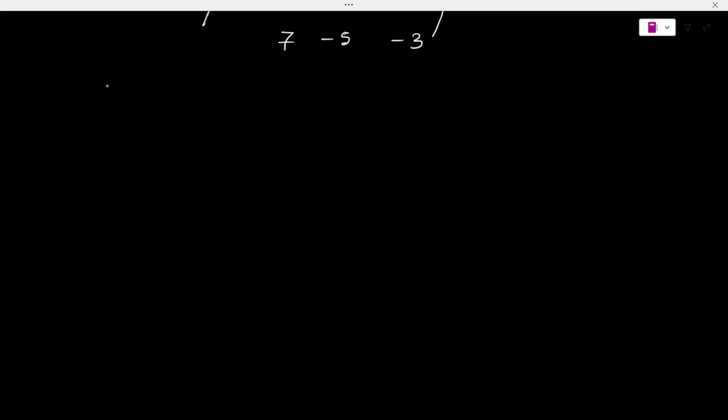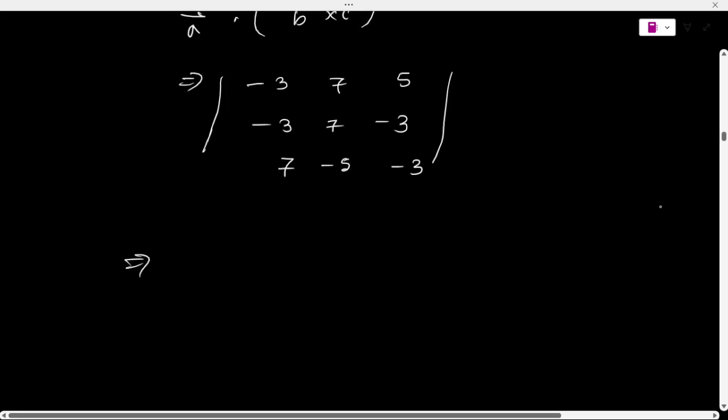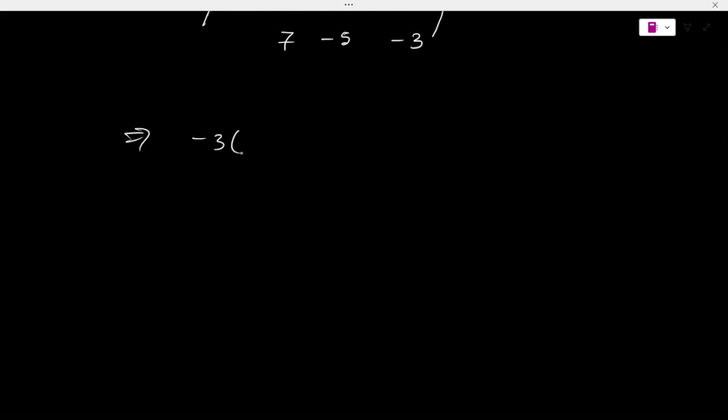Okay, and for that reason the ultimate result will come out as minus 3 into minus 21, minus 15, minus 7 into 9 plus 21, plus 5 into 15 minus 49.